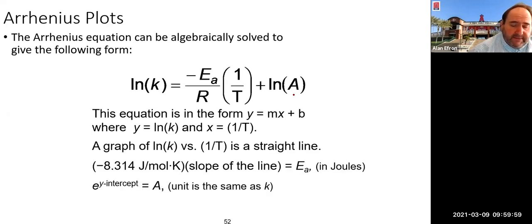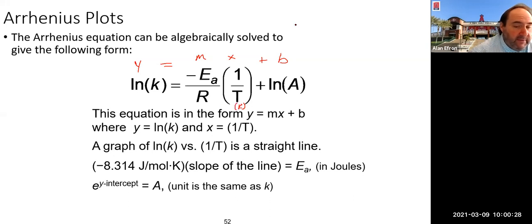It is written in the form of y equals mx plus b. When we do this graphing version of the equation, we graph on the y the natural log of k. On the x, we graph 1 over the temperature, in Kelvin.